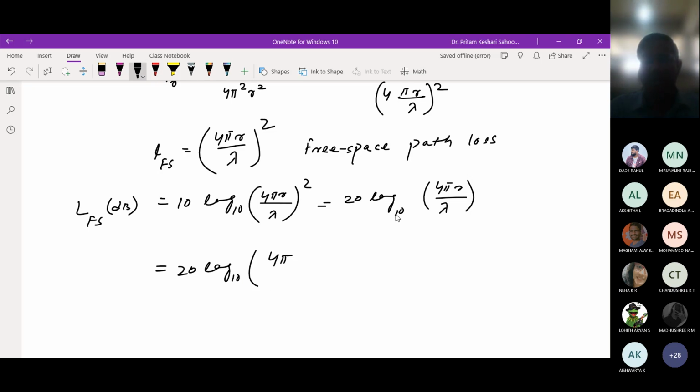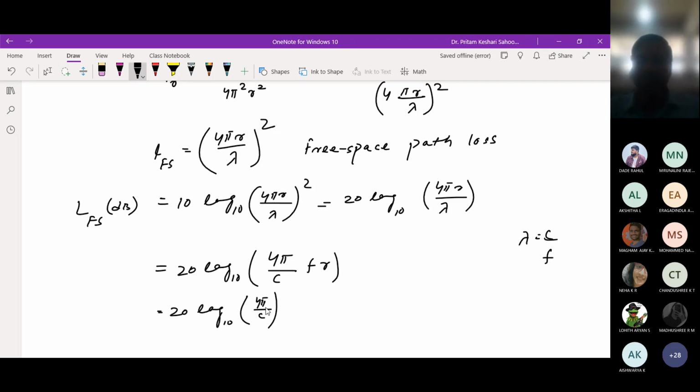If I write lambda is equal to c by f, then it is 20 log base 10 of 4 pi f r divided by c. This equals 20 log base 10 of 4 pi by c, because 4 pi by c is a constant, plus 20 log base 10 f plus 20 log base 10 r.